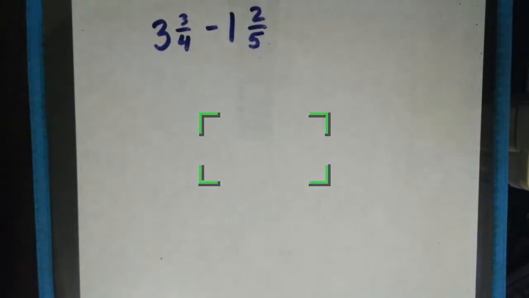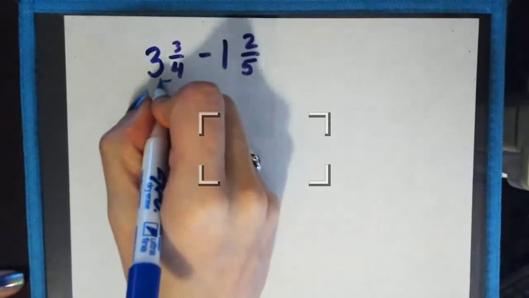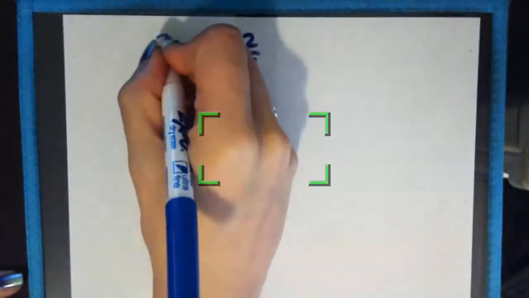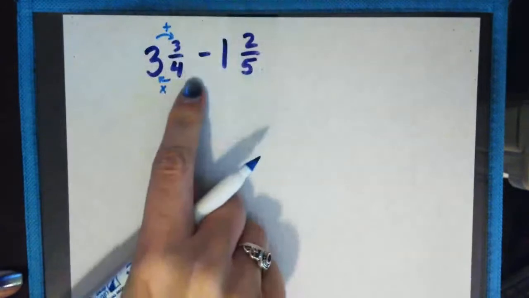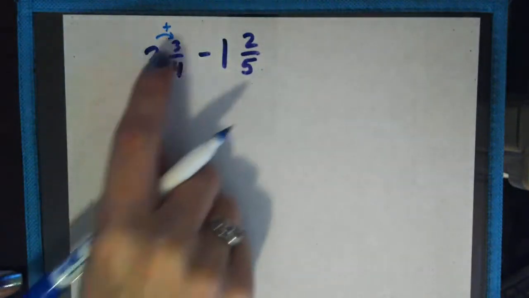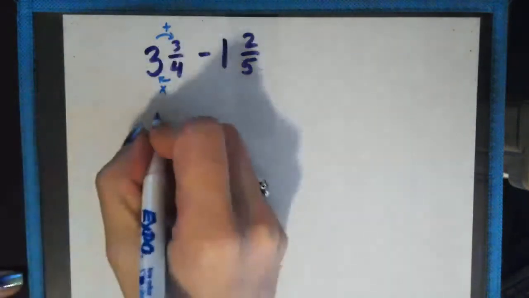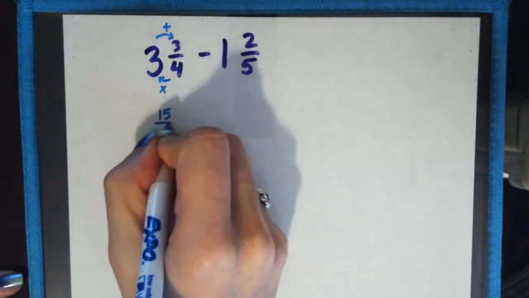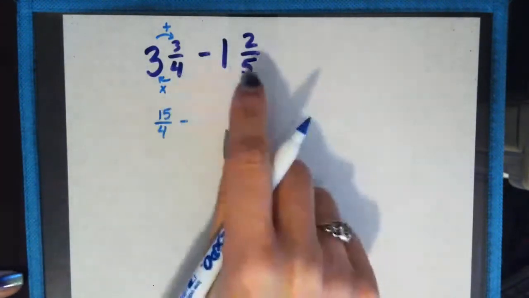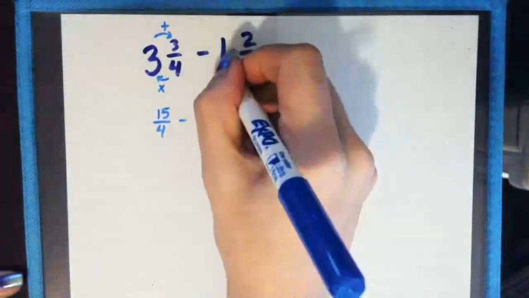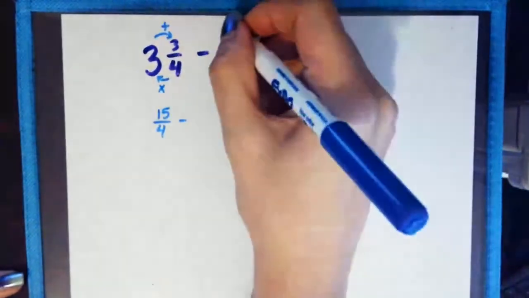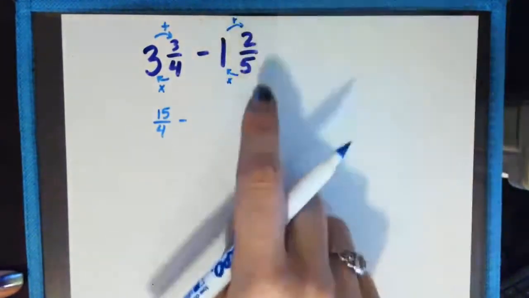We have 3 3/4 minus 1 2/5. So let's start by converting them into our improper fractions. 4 times 3 is 12. 12 plus 3 is 15. So we have 15 fourths minus, we got to convert this one too, 5 times 1, and then we're going to add 2.